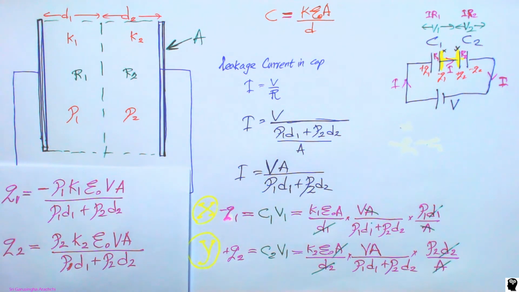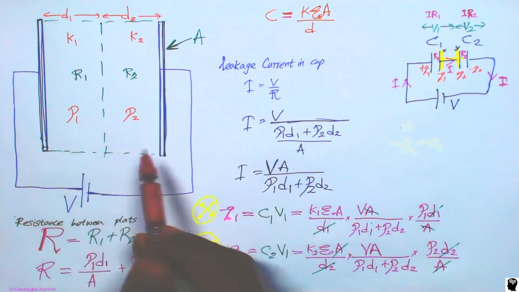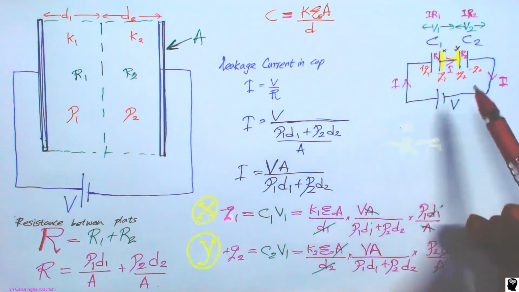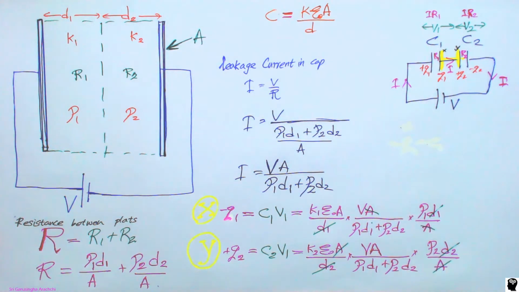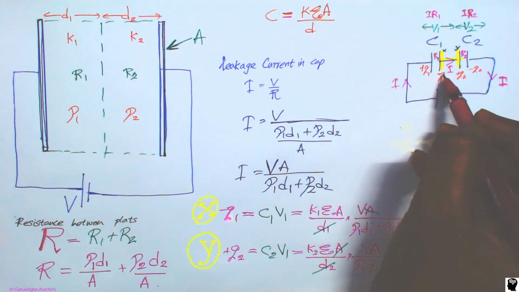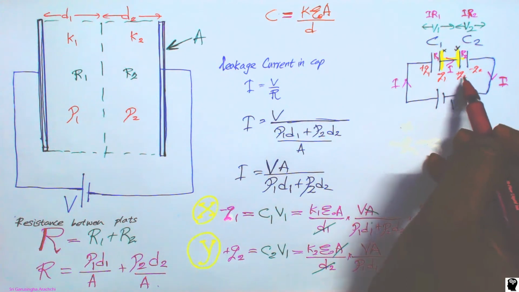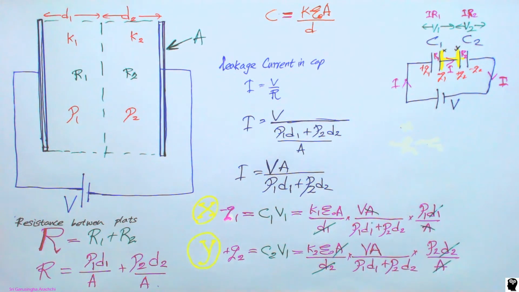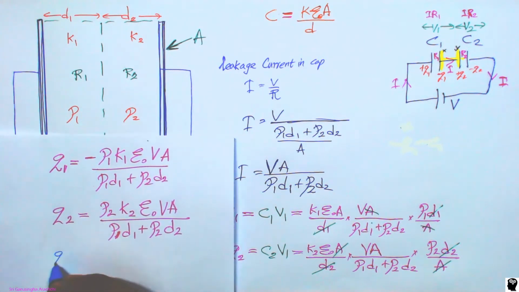So we wish to calculate the charge on this boundary. Now we combine the total charge on this boundary. Plate X has minus Q1 charge and plate Y has plus Q2 charge, and the total can be written as the sum of these charges.